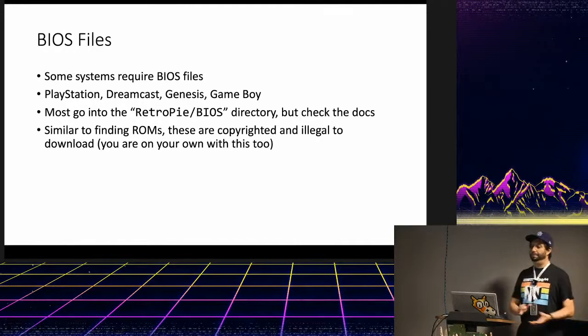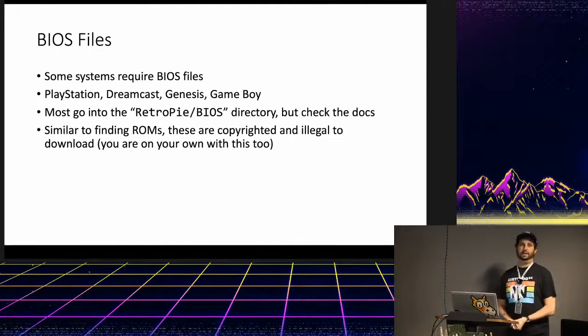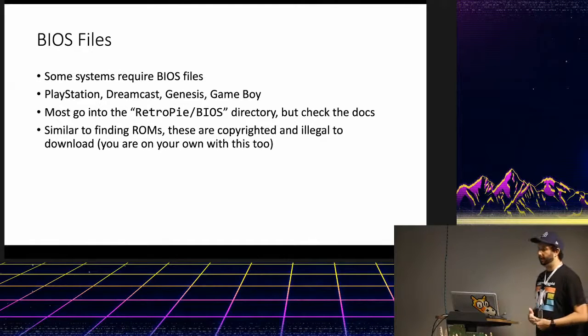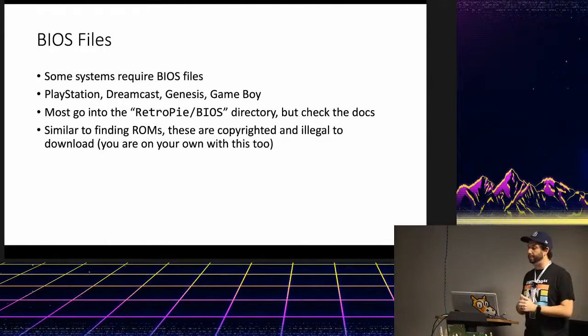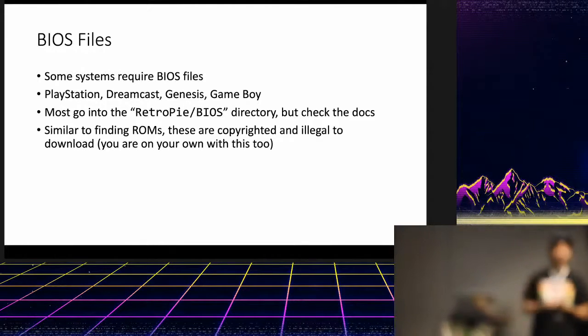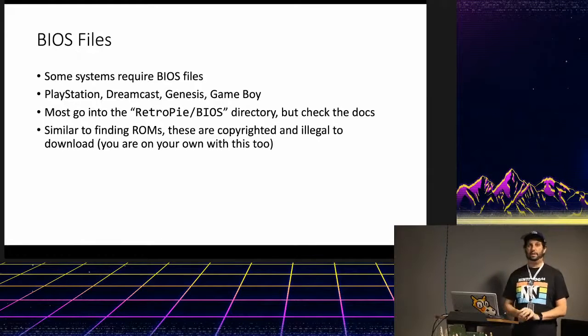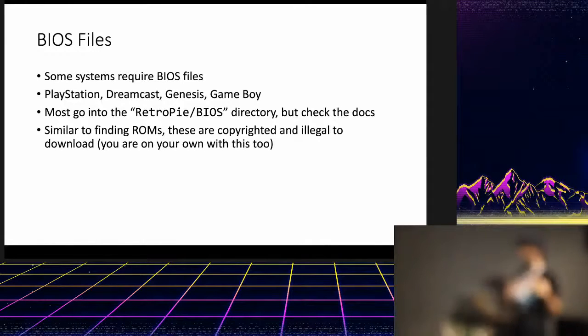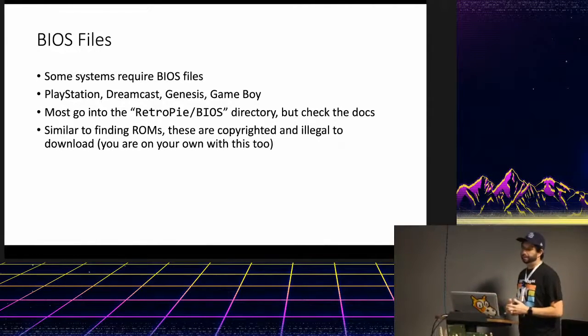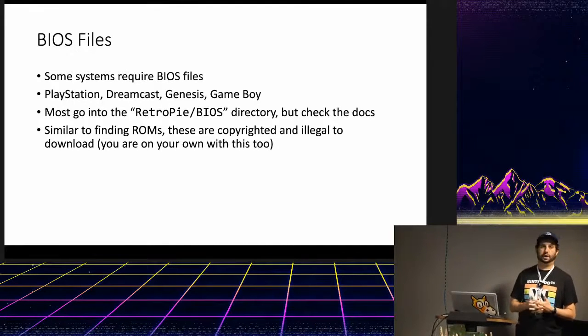So, I mentioned this earlier that some systems also require a BIOS. I'm not going to tell you how or where to get those BIOSes, but the documentation is very clear on the BIOS that you need. For instance, it'll give you the hash of a BIOS file, and it's up to you to figure out where to originate that. PlayStation, for instance, requires a BIOS.